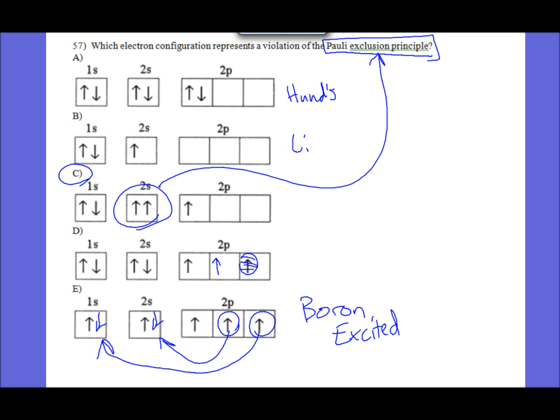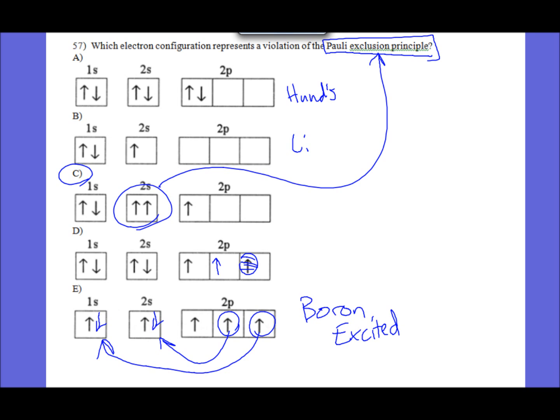Now I'm going to go over all 5 answers and make sure we know exactly what's going on in each of the 5 answers. So in A, I've written Hund's rule down because it's a Hund's rule violation. The 1s and the 2s are fine, but in that 2p, we have a pair of electrons occupying the same orbital, and we have 3 orbitals that are empty.